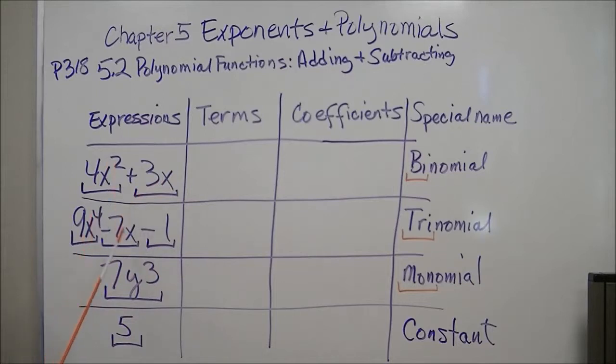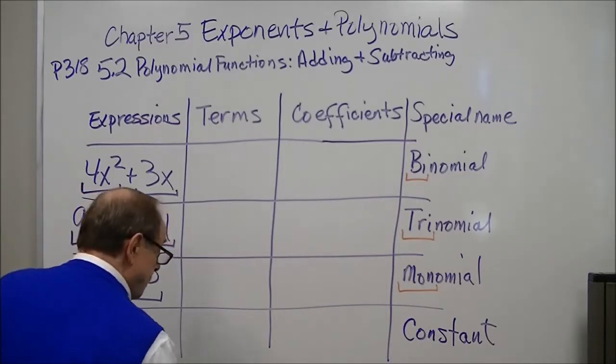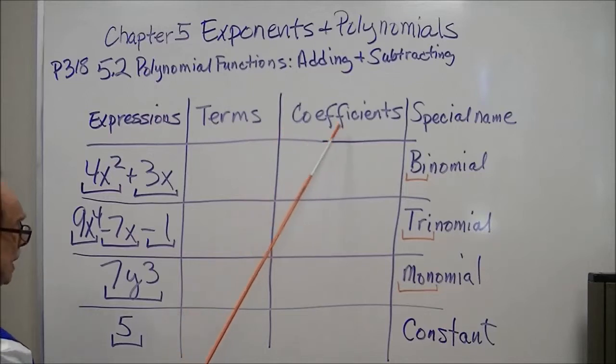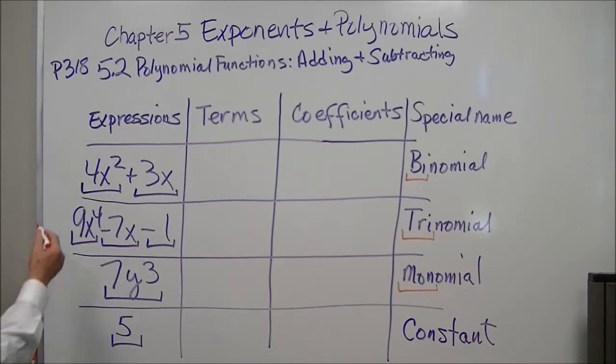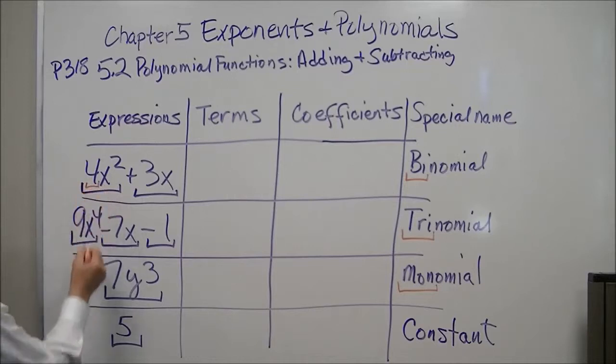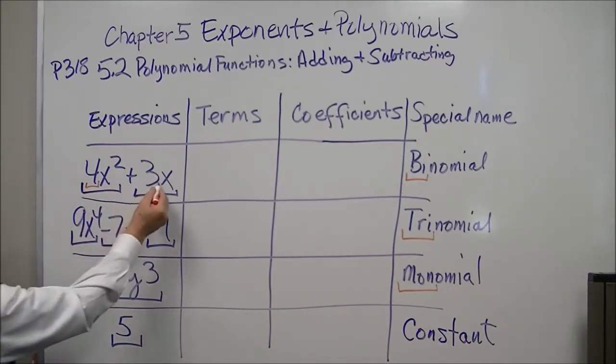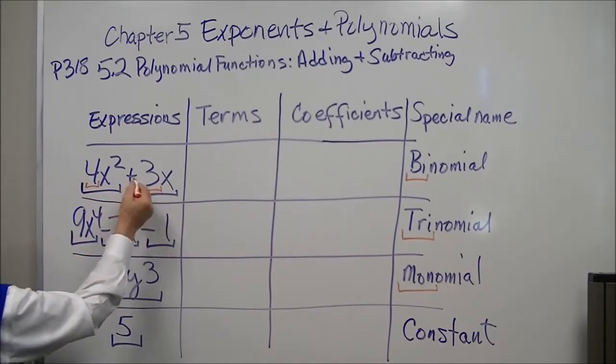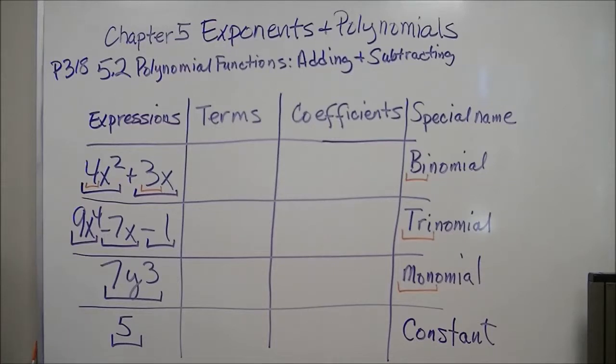Okay, so I've identified the terms. Now, each of these terms also have what are called numerical coefficients. Now, we did some of this in chapter 2, but again, we're reviewing a little bit. So what would be the coefficient of this? Well, it would be a 4. And the coefficient of this would be the 3, along with the positive sign.